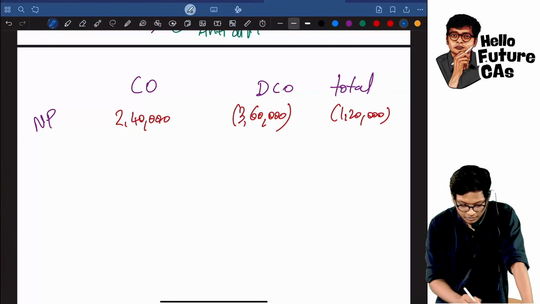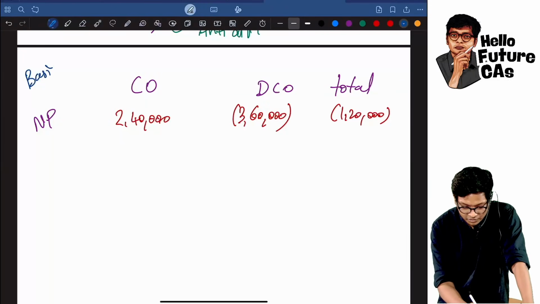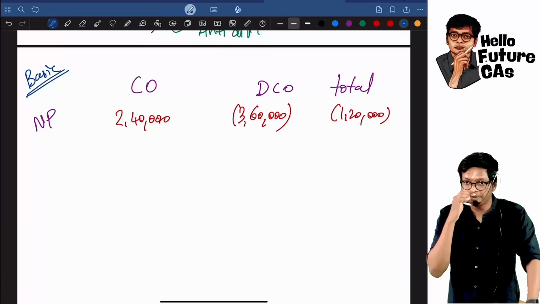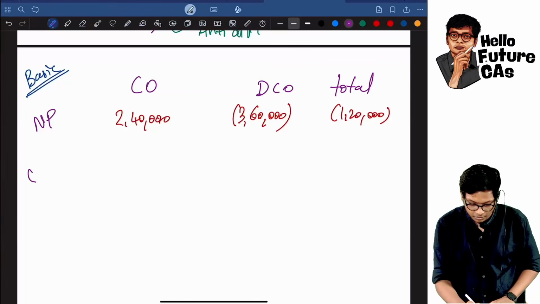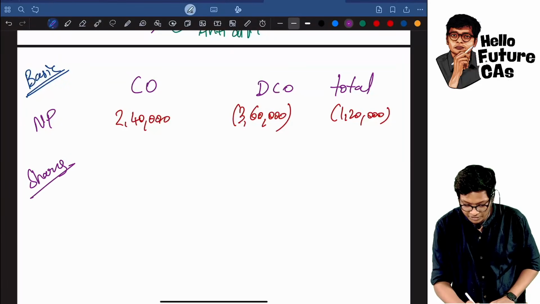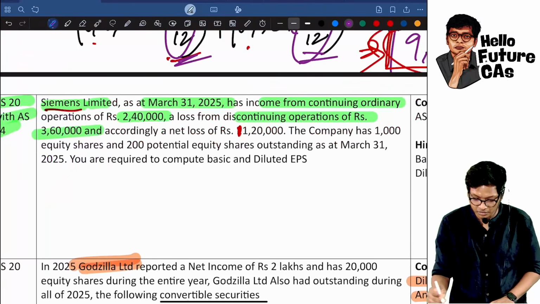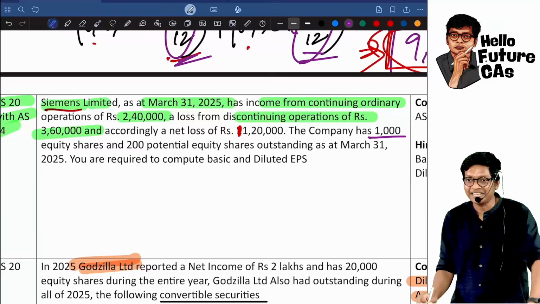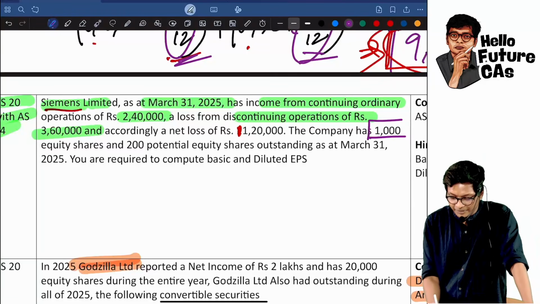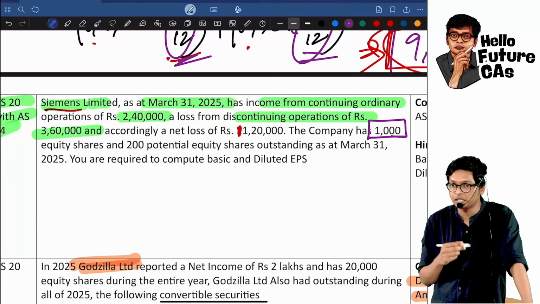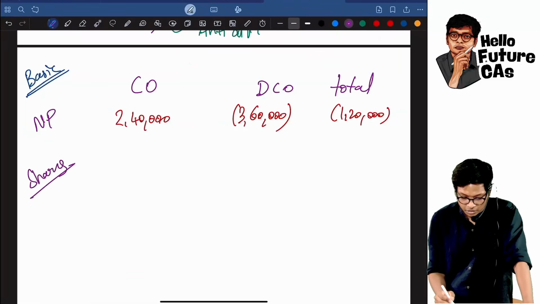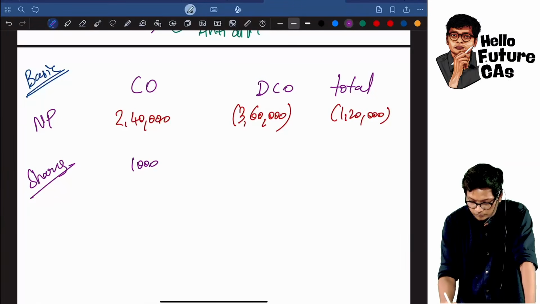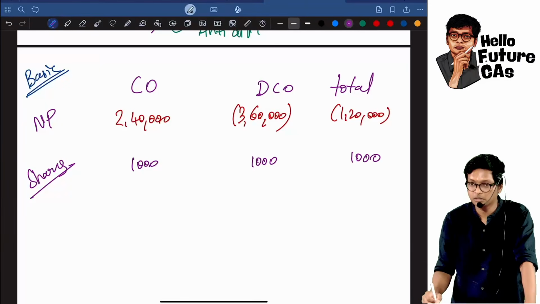I'm just doing basic EPS first. Divide by the number of shares. He has given 1000 shares. For basic EPS, I will only take 1000; I will not take potential equity shares. So divide by 1000 each.